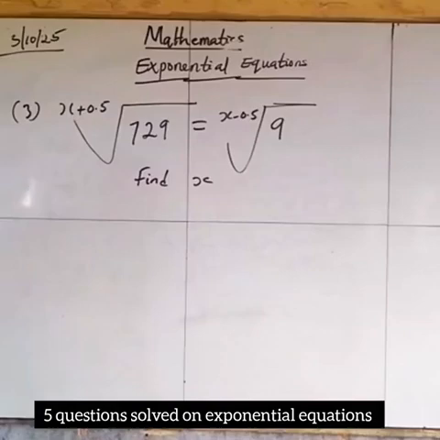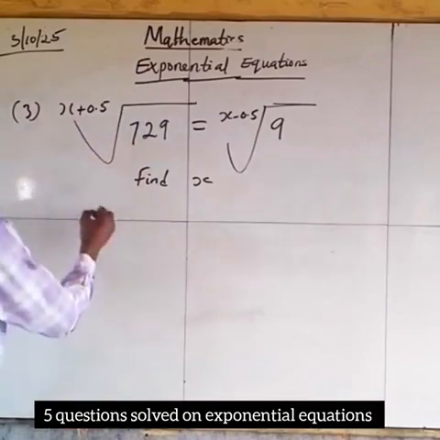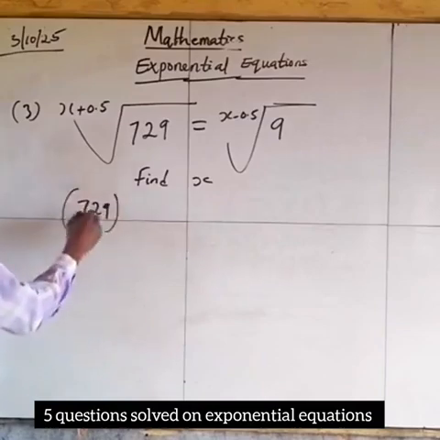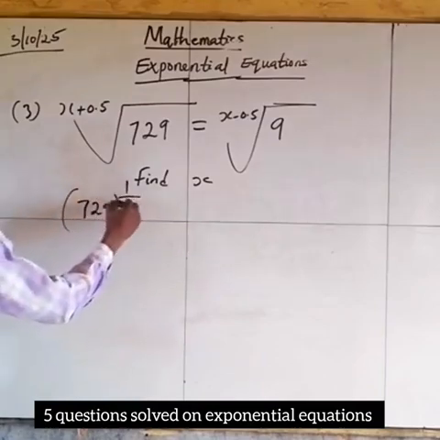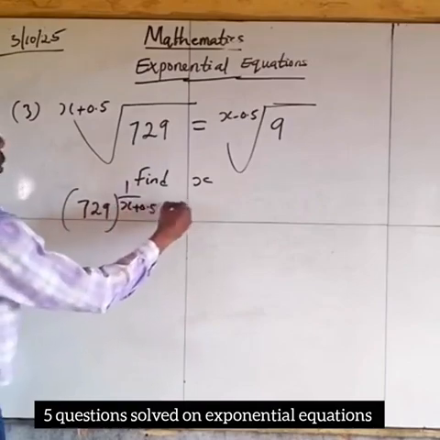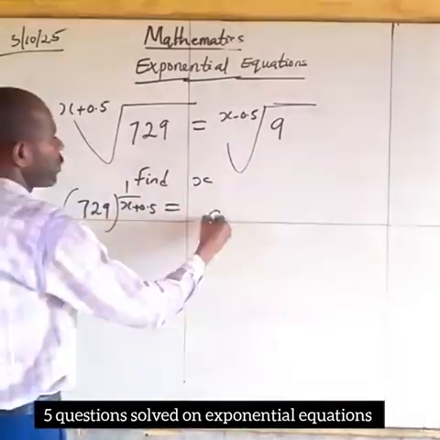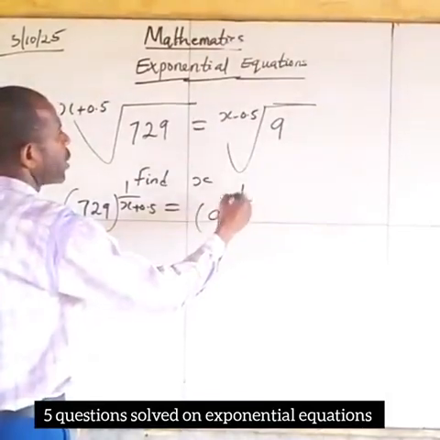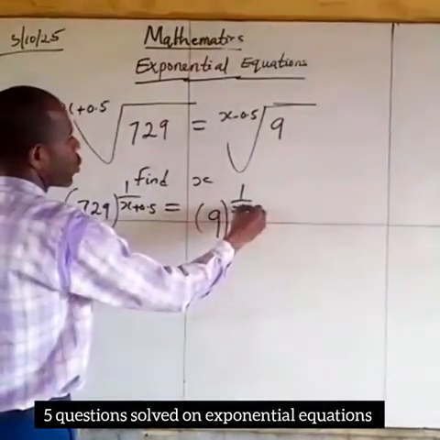We have already understood the laws, so we are going to change this to the other form, which is now 729 exponent 1 over x plus 0.5 equal to 9 exponent 1 over x minus 0.5.